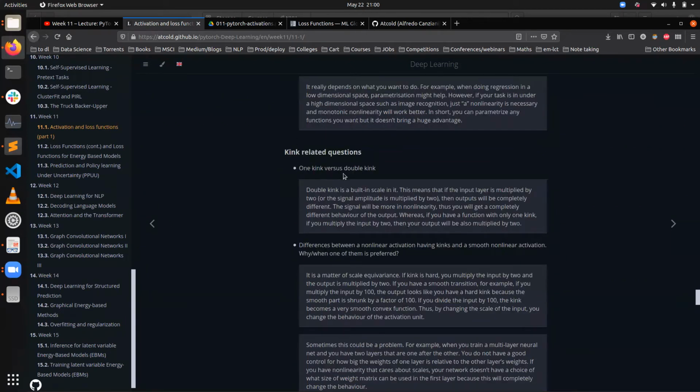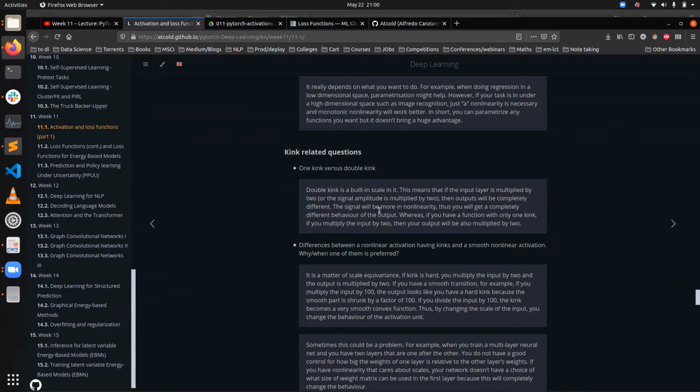Kink related questions. One kink is double kink. Double kink has a built-in scale in it. If the input layer is multiplied by 2, or the signal amplitude is multiplied by 2, the outputs will be completely different. The signal will be more in the nonlinearity, thus you will get a different behavior of the output.